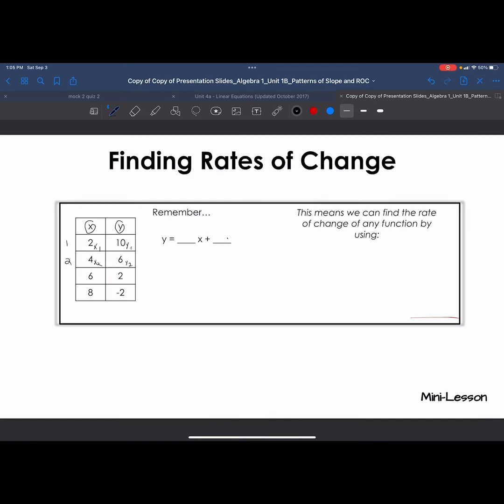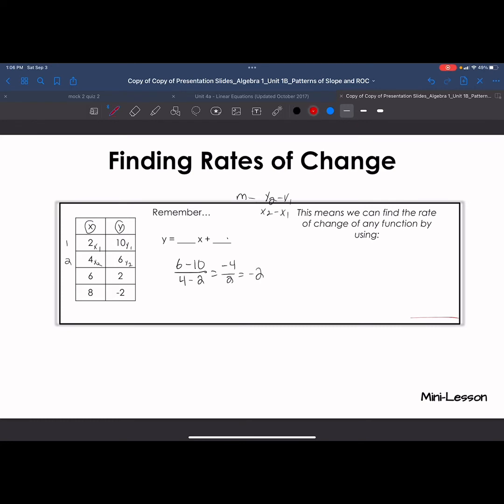When we have that information, we can use the slope formula, which, remember, m equals y2 minus y1 over x2 minus x1. So y2 is 6 minus 10 over 4 minus 2. 6 minus 10 is negative 4. 4 minus 2 is positive 2, which gives us negative 4 divided by 2, negative 2.